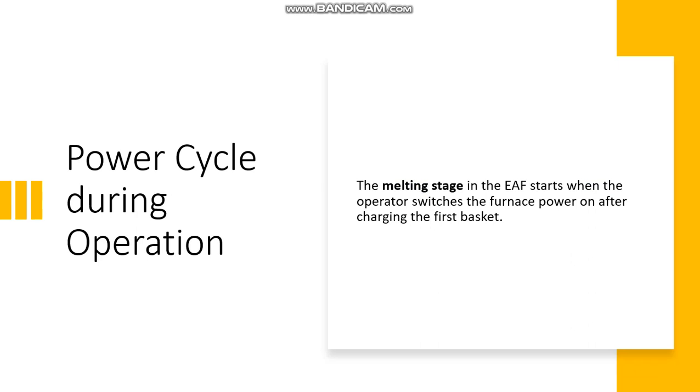The melting stage in the EAF starts when the operator switches the furnace power on after charging the first basket. From that point onwards, the operating conditions of the EAF change throughout the heat, starting with the melting of cold scrap and ending with the superheated liquid steel at a temperature above 1650 centigrade.